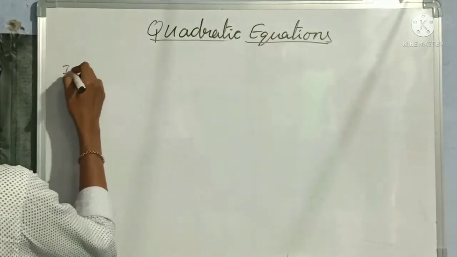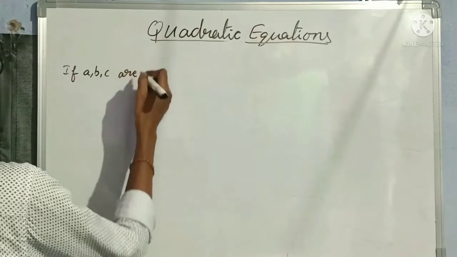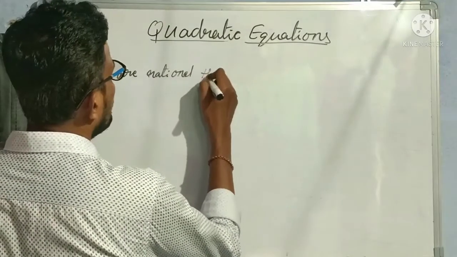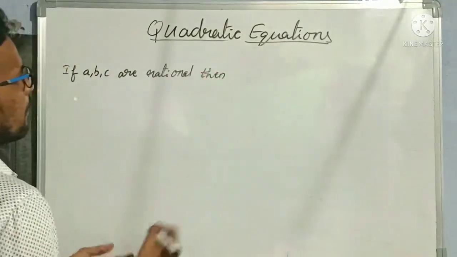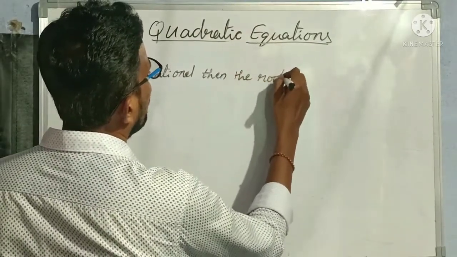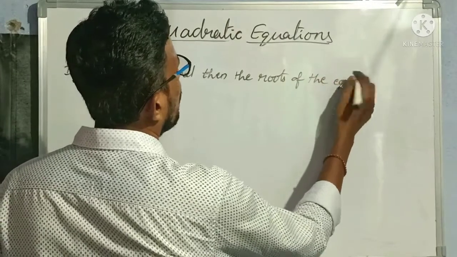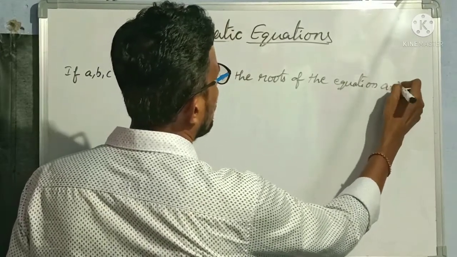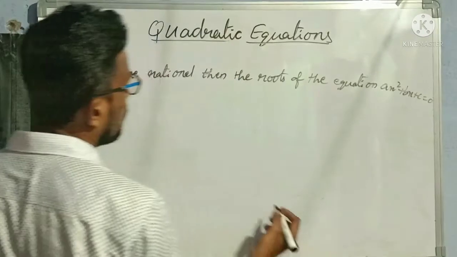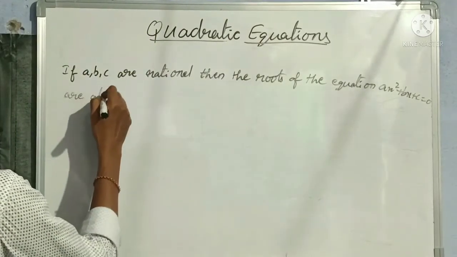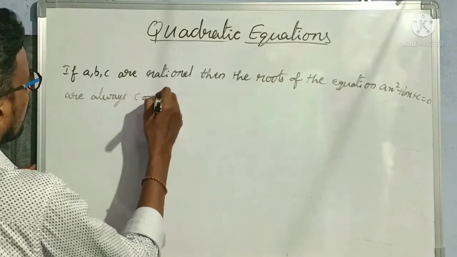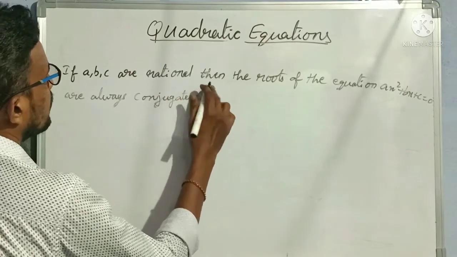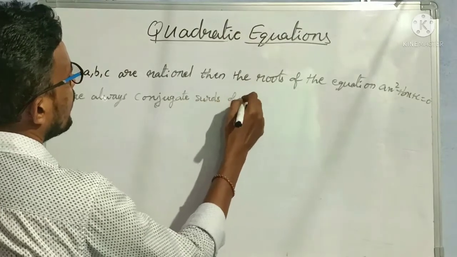So here, if a, b, c are rational, then the roots of the equation ax square plus bx plus c is equal to 0 are always conjugate surds of each other.